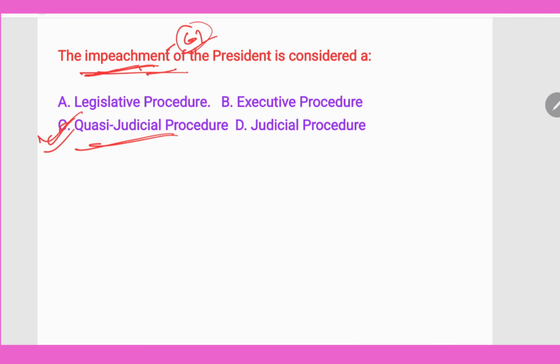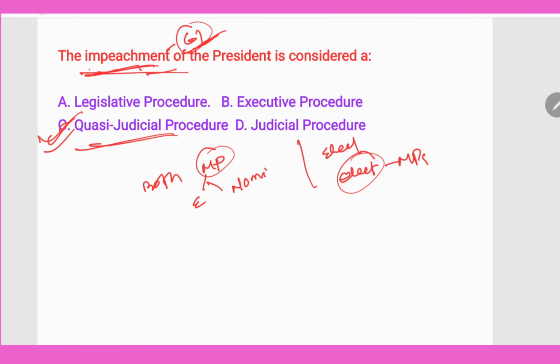Okay, the article is 61 and in the impeachment of the president, both elected and nominated MPs can take part, but in the election of president, only elected MPs can take part. Elected in the election and elected plus nominated in impeachment.